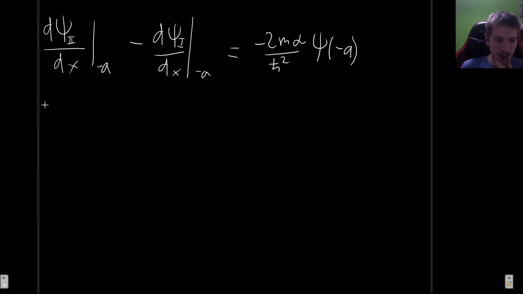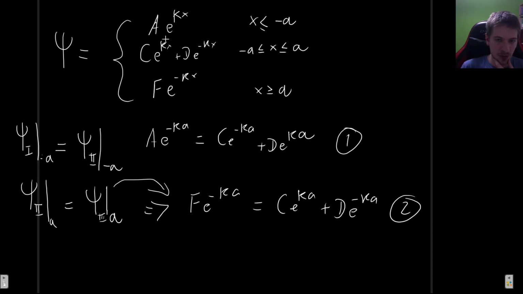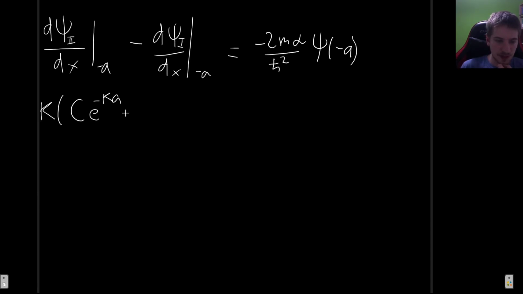So this thing right here will be k times C e to the minus ka. This minus, right, it's because we're evaluating at minus a. This was positive, now it's negative. Then it's going to be minus D e to the ka. This used to be negative, that's why there's a minus sign down here. Now it's positive because of that.